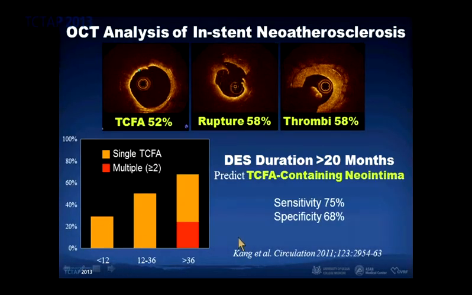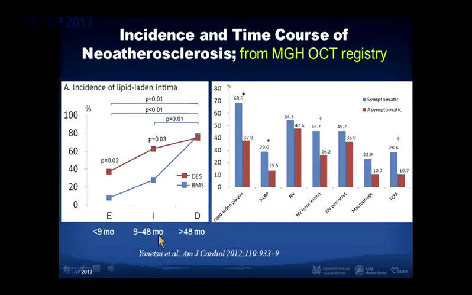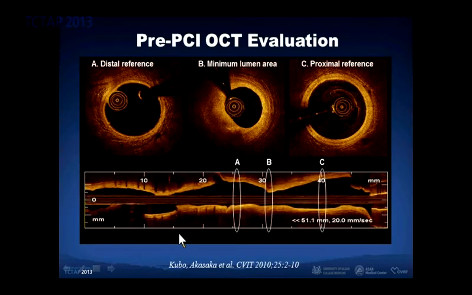It starts very early compared with bare metal stent, and this is the MGH OCT registry. As you know, such neoatherosclerosis starts very early in DES compared with bare metal stent, as shown in this slide.